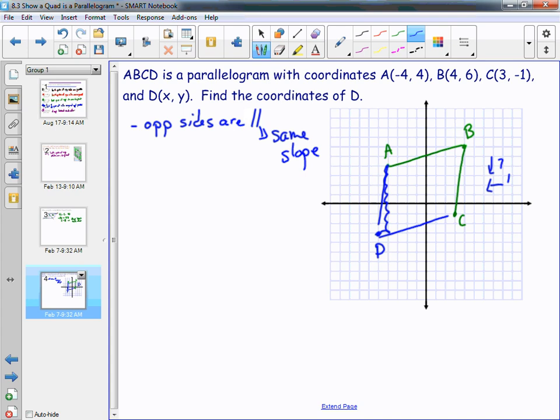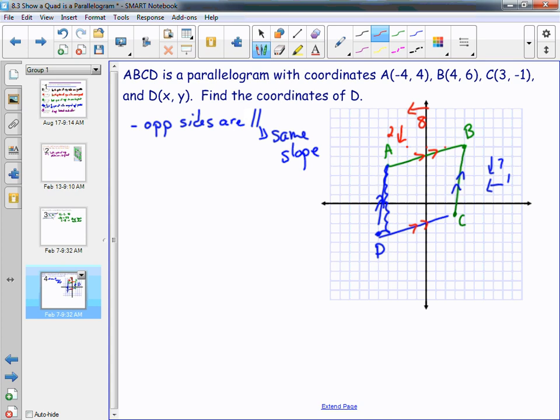How can I check to make sure I did this correctly? Well, since these two are parallel, we know that these two must also be parallel. So I'm going to check from B to A. I go 2, 4, 6, 8 left. And I go down 2. I'm going to see from C to D. Is it the same way?